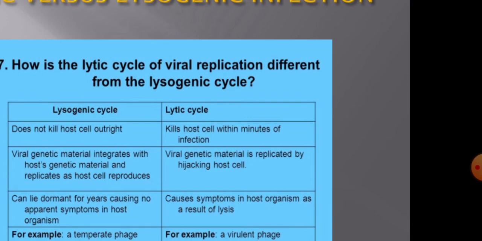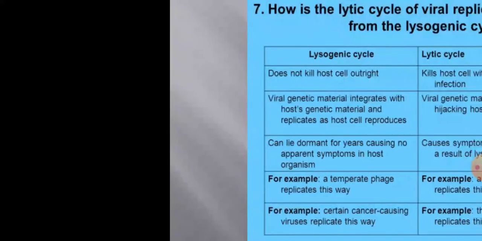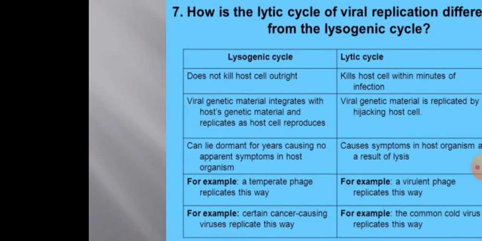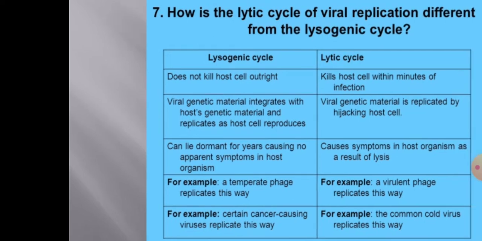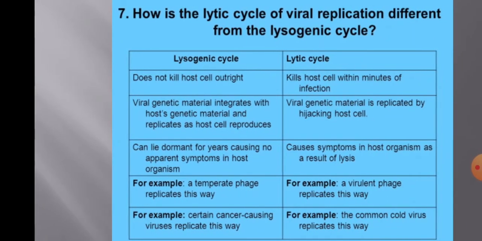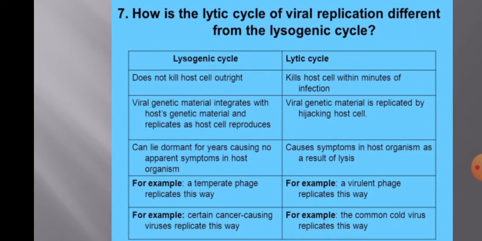We have already discussed that. And this third point is the lysogenic cycle. In the lysogenic cycle, phage can lie dormant for years, causing no apparent symptoms in the host organisms. Whereas in the lytic cycle, the virus, that is phage, can cause symptoms in the host organism as a result of lysis.